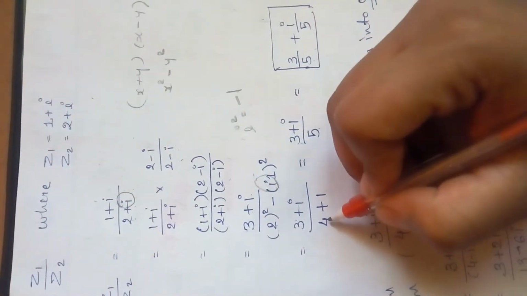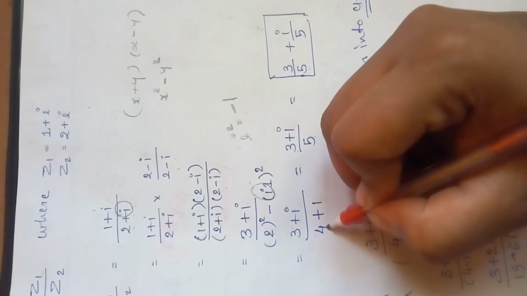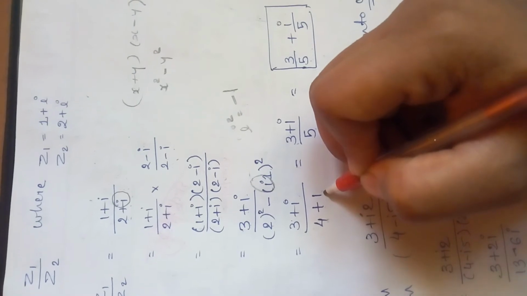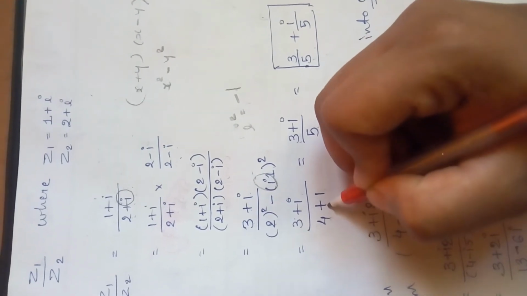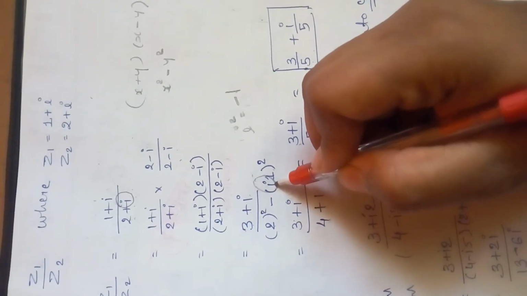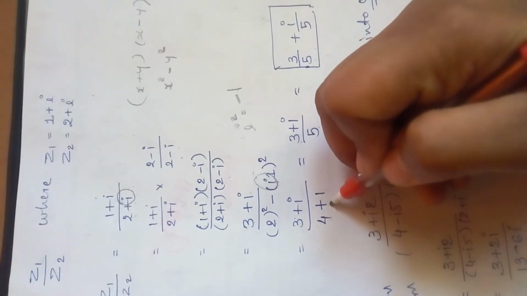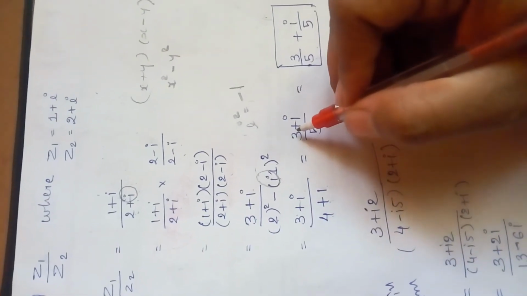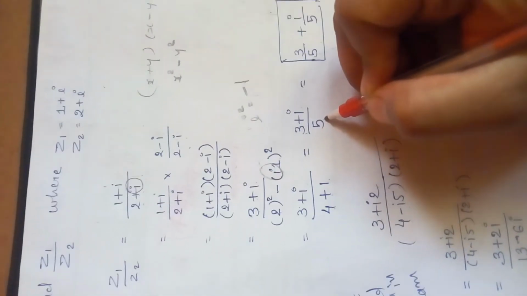So the answer will be 2 square means 4 plus 1 square will be 1. Here it is plus, I am telling you again, because minus i square will give you plus 1. Right? The answer will be 5 in the denominator.